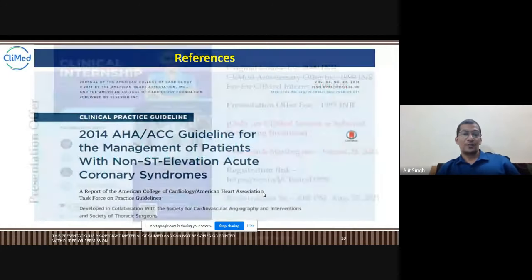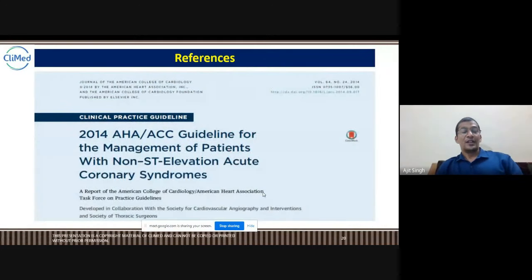I also recommend the guidelines of AHA and ACC, American Heart Association and American College of Cardiology, for management of this condition. For this particular case, I'm telling. Otherwise there are guidelines for STEMI, and for other anginas and ACS, so you can look into that also. But ACC and AHA have not revised their guidelines since 2014, so they will definitely be releasing their guidelines very soon.